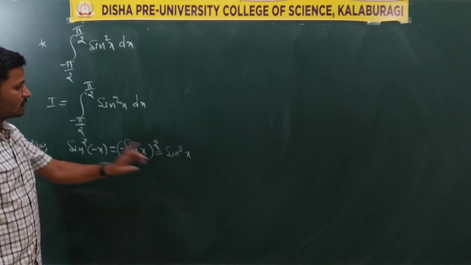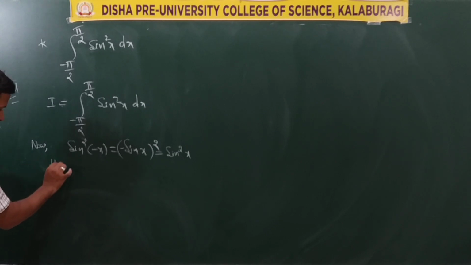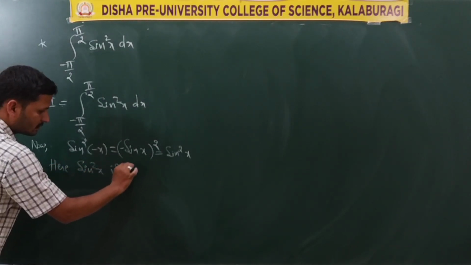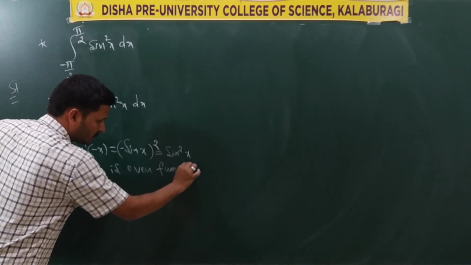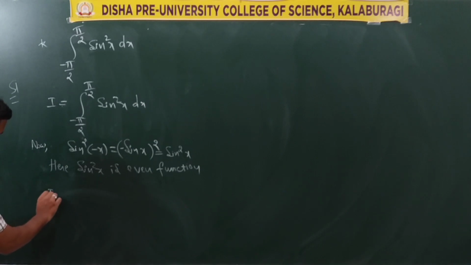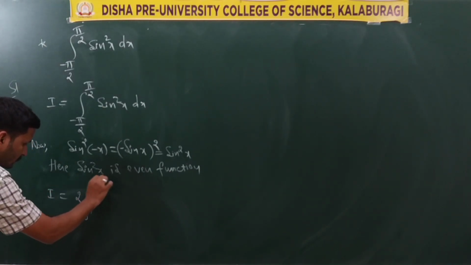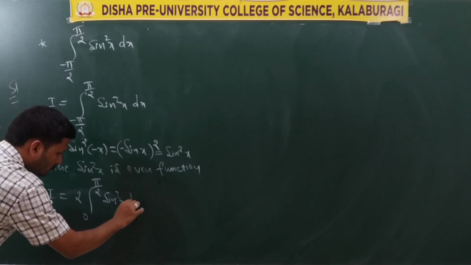Did you understand? So therefore sin square x is an even function, so that integral I can be written as 2 times the integral from 0 to pi by 2 of sin square x into dx.